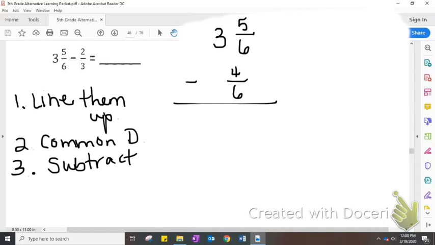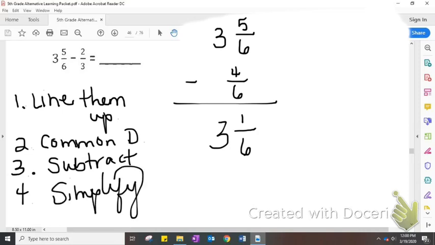Don't forget the whole numbers. 5/6 minus 4/6 is 1/6. 3 minus 0 is 3. 3 and 1/6. Last step, simplify. We don't need to. We're good. So the answer is 3 and 1/6.